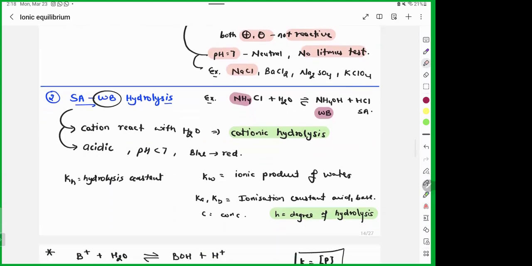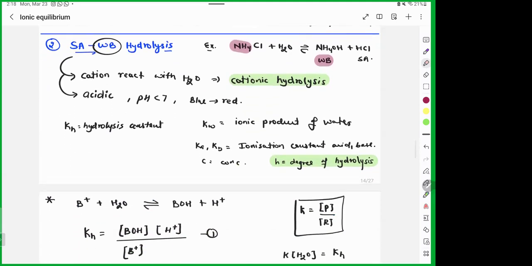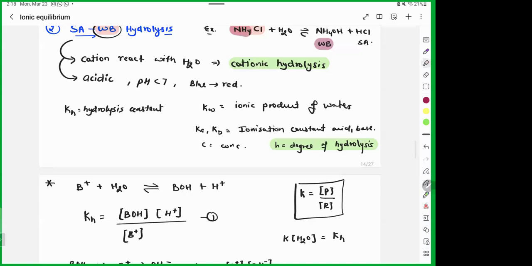Not useful for us. Second, if you have a weak base, for example ammonium chloride, with weak base ammonium hydroxide, your cation will be more reactive. Cation will react with water, so it is cationic hydrolysis.